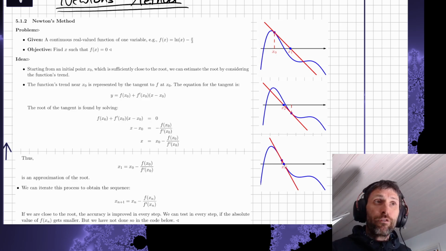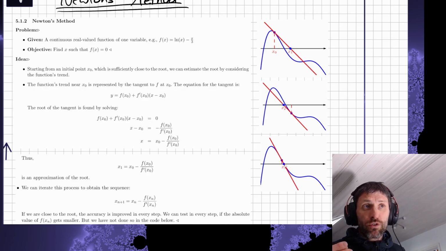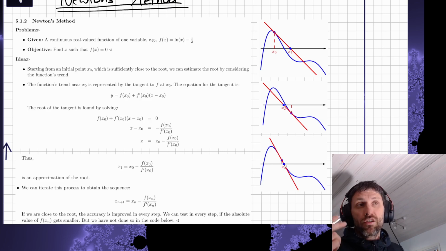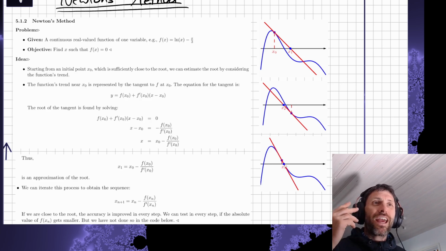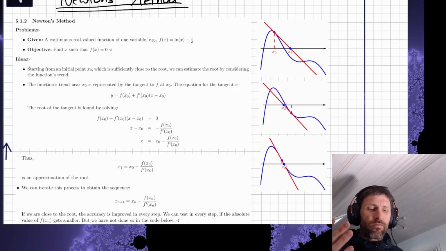So if we want to formulate code, then we have to find the tangent equation.